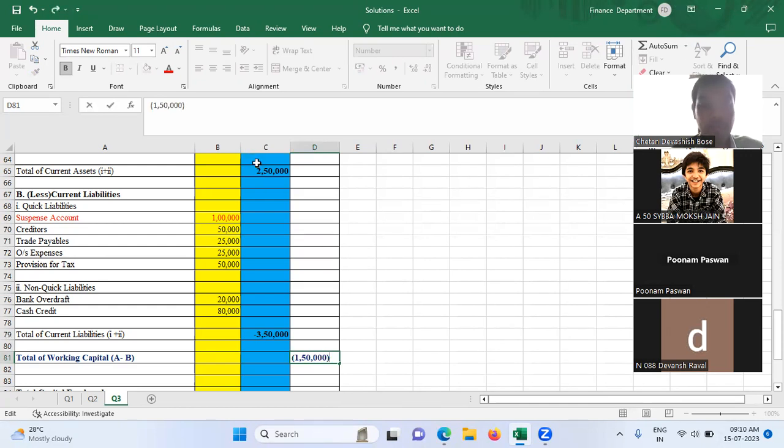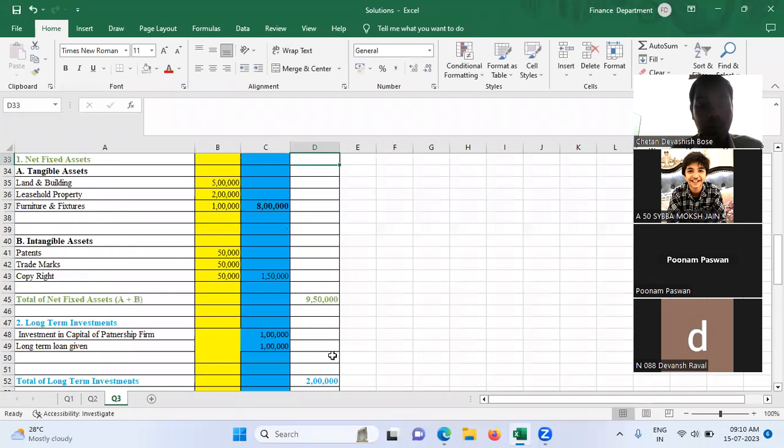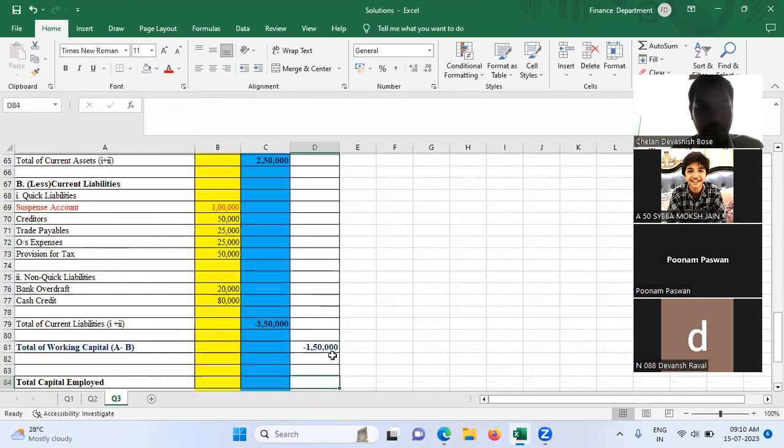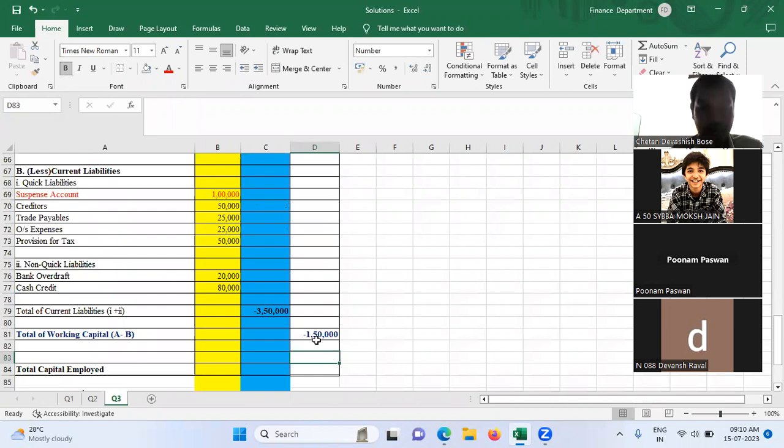Yes, 2,50,000 minus 3,50,000, what you will get? Minus 1,00,000 in your calculator. Now what you have to do? You have to add 9,50,000. Minus 1 lakh. Yes, it is minus 1 lakh.